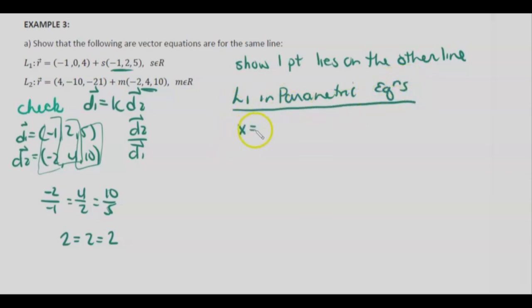We're going to have x equals, y equals, and z equals. So the first point is negative 1, 0, 4. Let's go ahead and write that. And then we're going to say minus s, plus 2s, plus 5s.